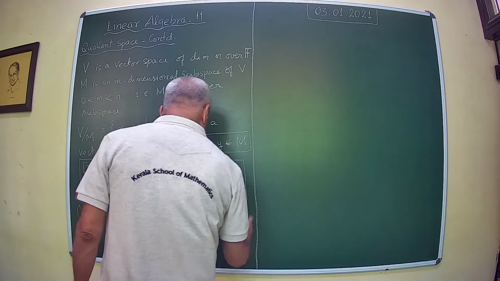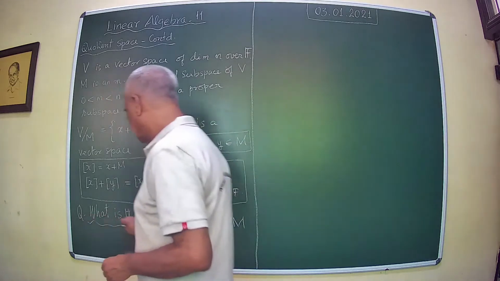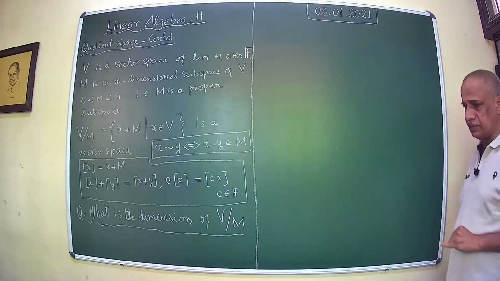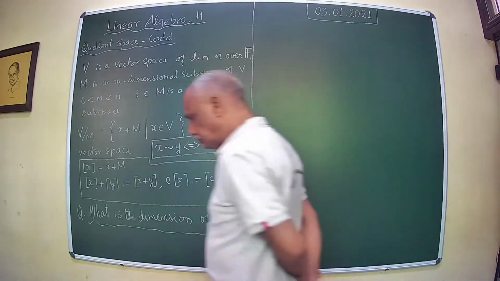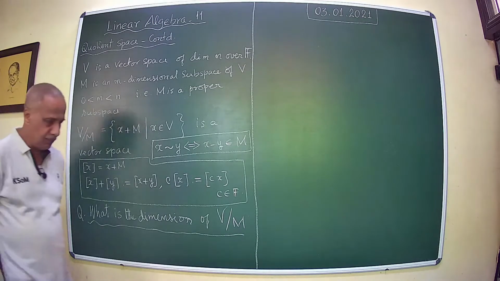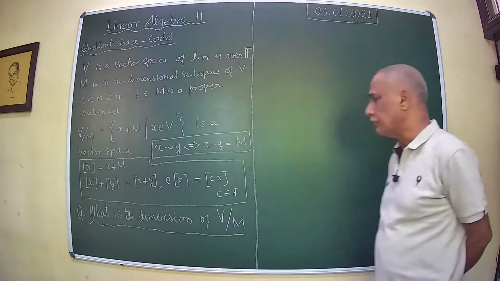I have made some remarks about this question in the beginning. Now we have arrived at certain conclusions, and our speculation is that it is something like n minus m.